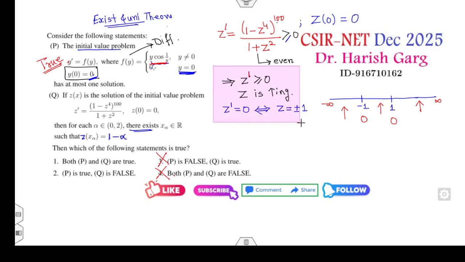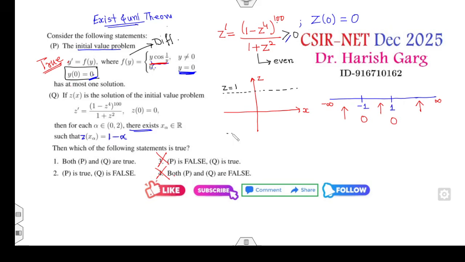Clear? Now look at the solution. So your target is to find the x and the z. This is the value corresponding to z is equal to 1. Fine. This is the value corresponding to z is equal to -1.